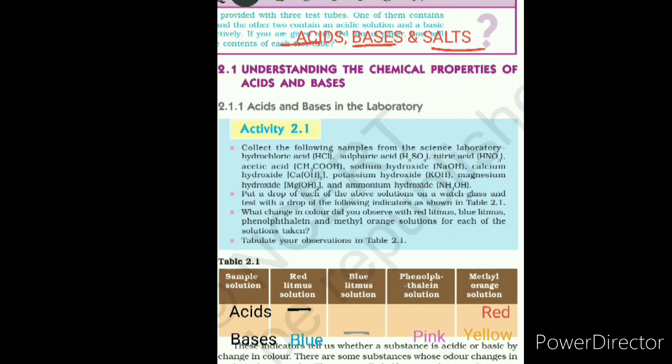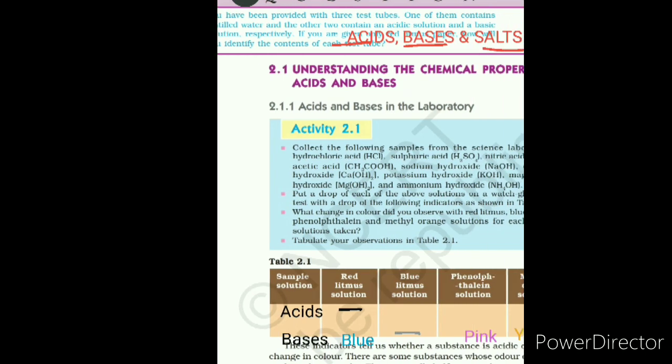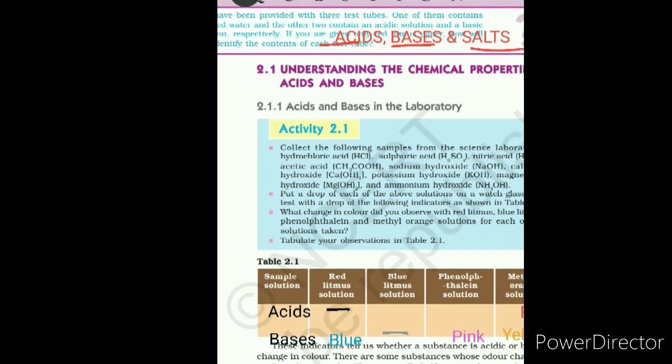Now dear students, if we take acids, hydrochloric acid, sulfuric acid, nitric acid or acetic acid, a drop, and put that drop of hydrochloric acid on the red litmus paper, then it is found that the color of the litmus paper does not change.